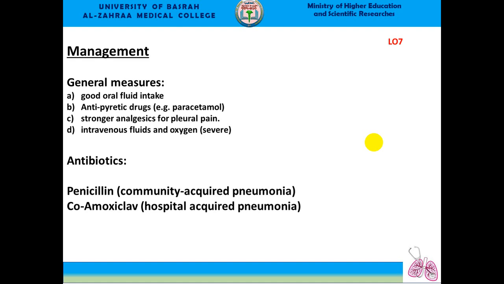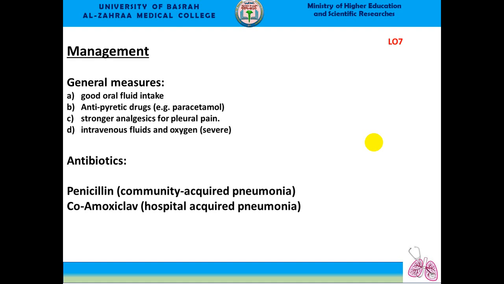And third is to give a stronger analgesic for pleural pain. Remember, the patient is suffering from pain, pleuritic chest pain, which is a very severe pain and needs good analgesia to relieve that pain. So we give what is called painkiller, like non-steroidal anti-inflammatory drugs.